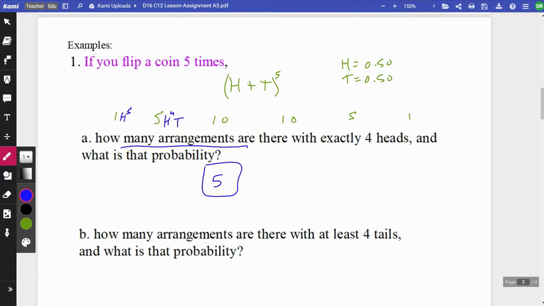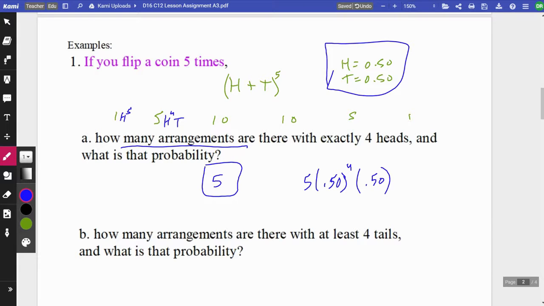So probability then, if we're saying exactly 4 heads, we would take that term 5, and then heads is a 50% chance, raised to the 4th power, and then 50% chance for tails. So all we're doing is plugging in the probabilities, essentially. It's the only new real step that we're doing.